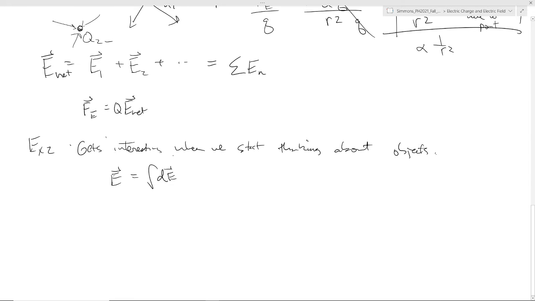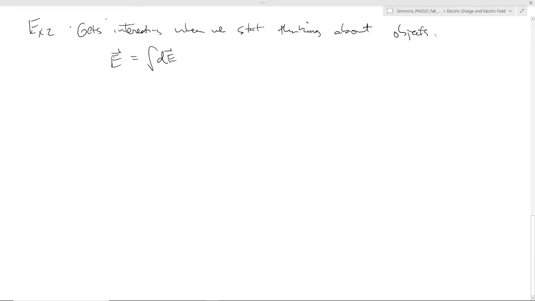And what it amounts to is we need to break up our object into pieces, into something that we can integrate.